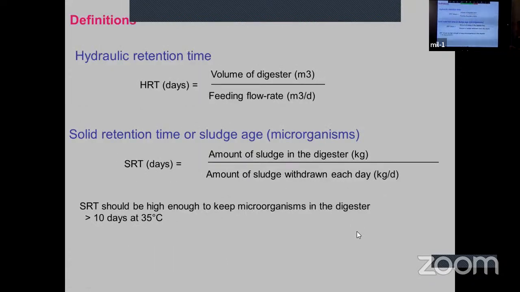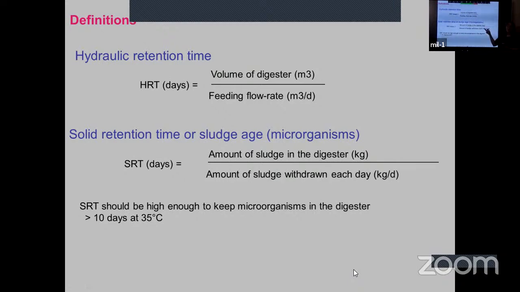There are some definitions. For the hydraulic retention time in a continuous process, you divide the volume of the digester by the flow rate of the feedstock. It can be different from the solid retention time of a sludge age, where in this case you take the amount of sludge in the digester divided by the amount of sludge you draw every day.